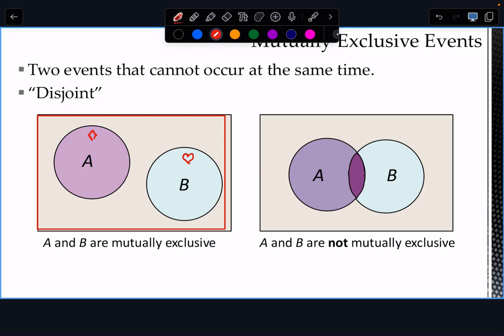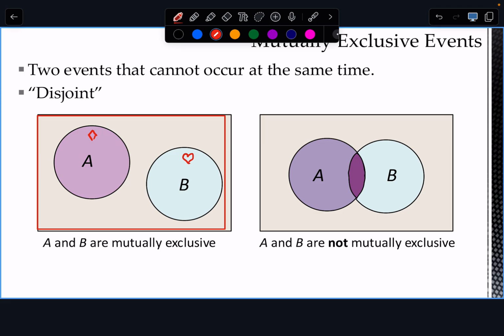Now, if we think about those two events as they pertain to our sample space, there's 52 total cards in the deck. But if I define the events drawing a diamond and drawing a heart, as far as this idea of mutually exclusive goes, I have to ask myself, if I draw a single card from the deck, can I draw a card that is a diamond and a heart?